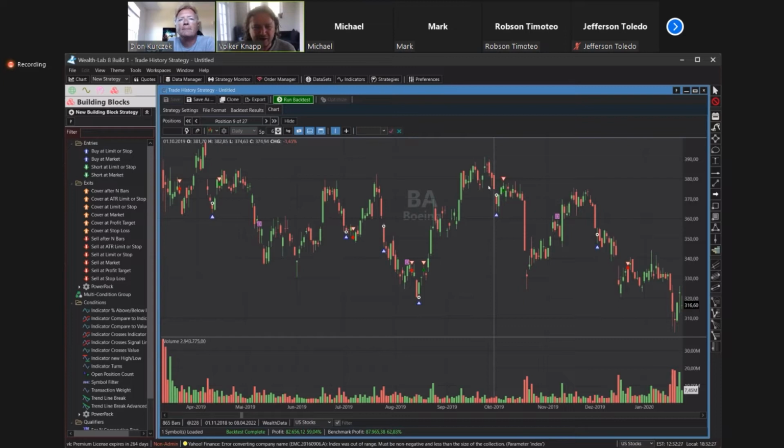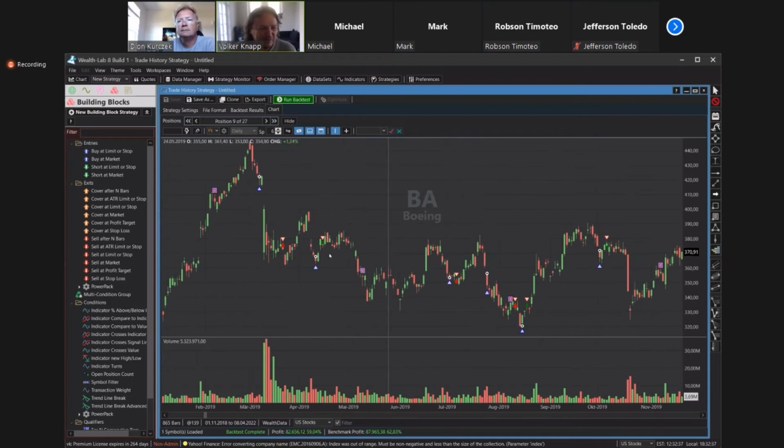Here's a sharp drop. There's a sharp drop. There was a sharp drop. So it's basically like probably, and as I said, I don't want to take someone's system apart, but I'd probably say if the average true range is higher than something and below something else. That's just my guess.